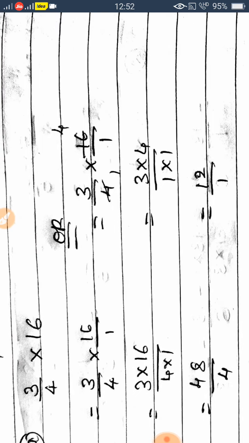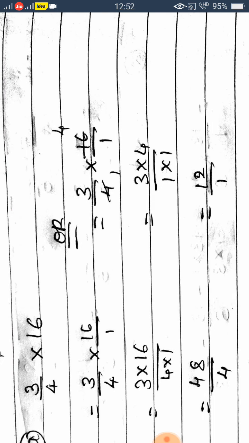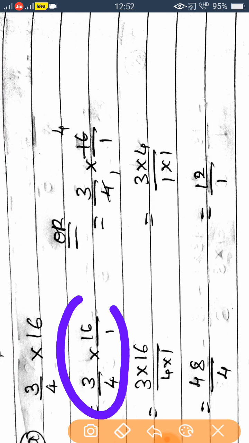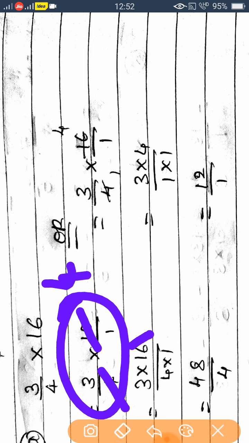Or by another method we can solve this. Here we have 3 by 4 into 16 by 1. We can directly cancel 4 ones are 4, 4 fours are 16, because numerator to denominator we can cancel. But denominator to denominator, numerator to numerator we should not cancel.